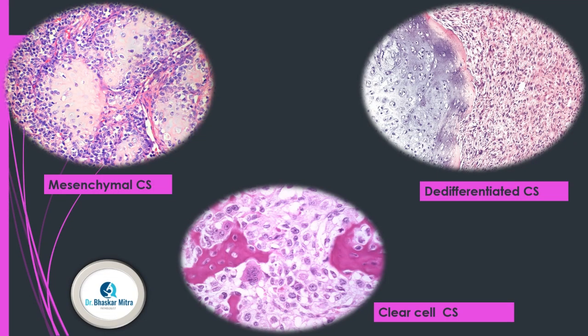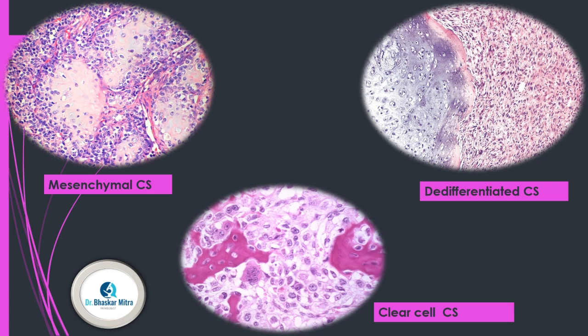So this is the mesenchymal chondrosarcoma. This is much cellularity with the chondroid areas with less transition areas, and here is the dedifferentiated one. We can see the clear line of demarcation between the sarcomatous component and the chondroid area. So this is dedifferentiated chondrosarcoma.